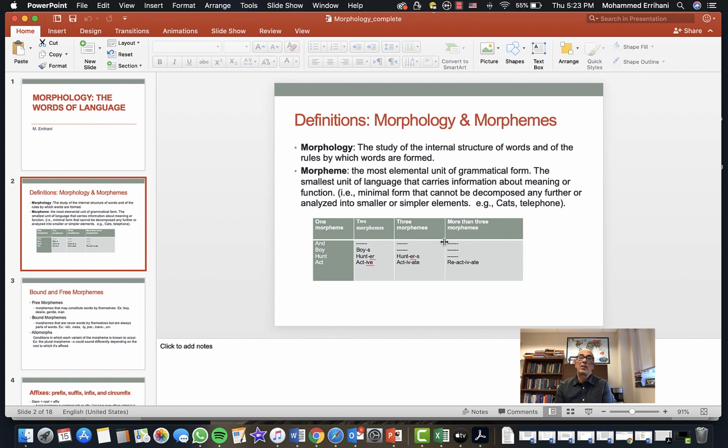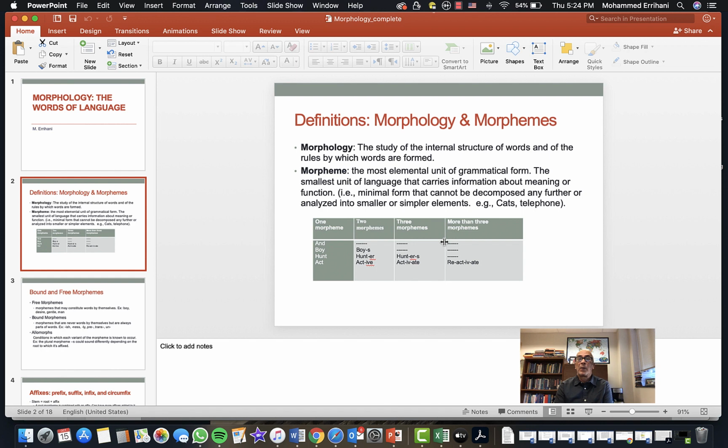Therefore, because hunt can stand by itself, is independent, we call it a free morpheme, as opposed to ER or S, which don't make any sense by themselves. If you put S on a piece of paper and you ask me, what is this word? It doesn't make any sense. Same thing with ER. So therefore, they're called bound morphemes. And again, we will see more examples in the next slides.